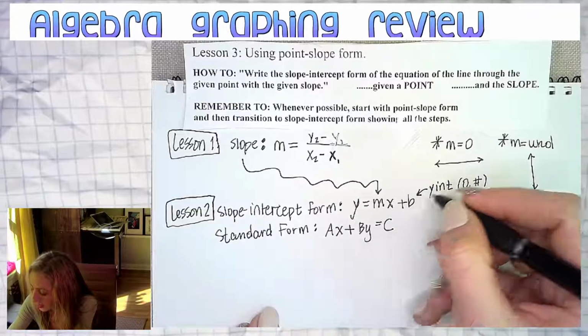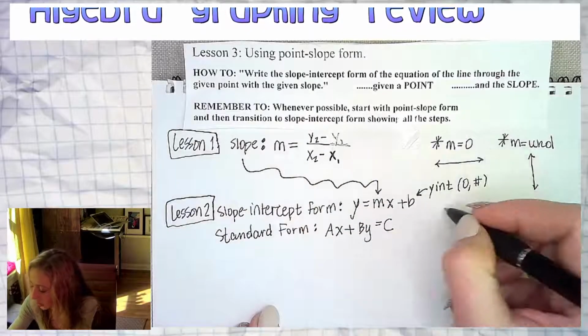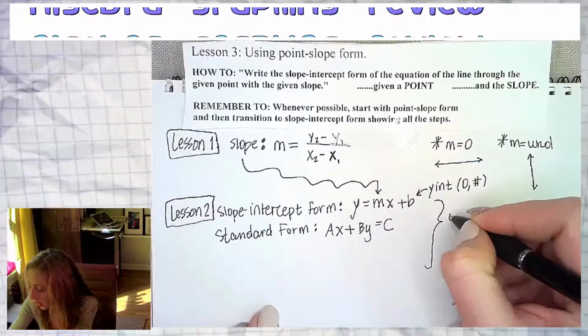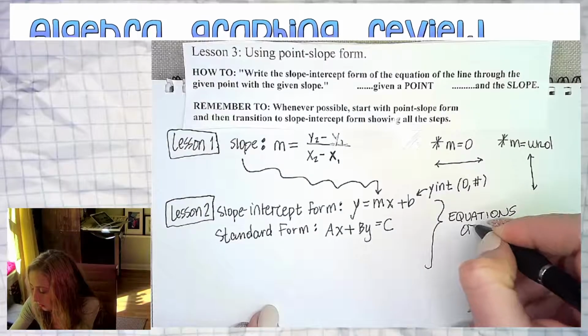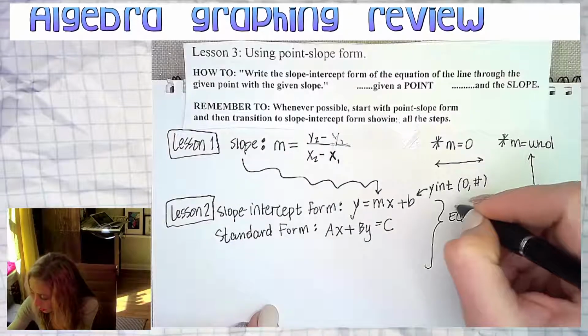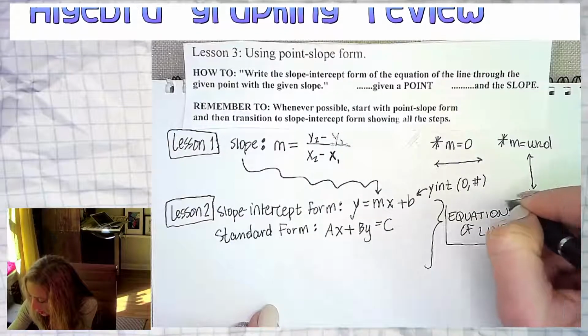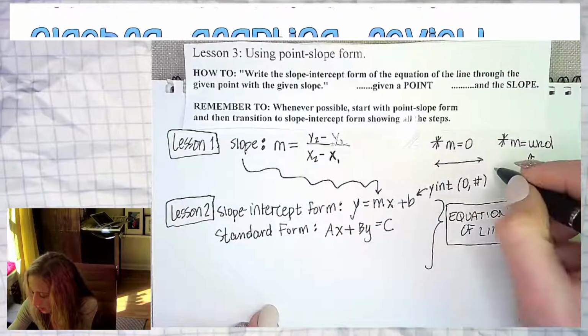Now, what are these things from lesson 2? I mean, lesson 1 was slope. Lesson 2, we did these things, but what are these? These are equations of lines. Now, equations of lines, what about these tricky guys, our horizontal and our vertical lines?